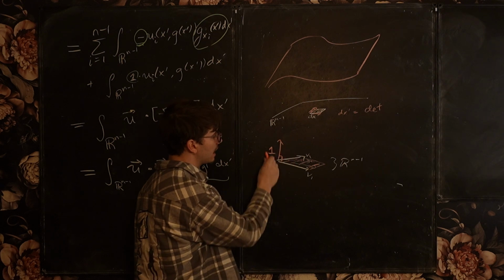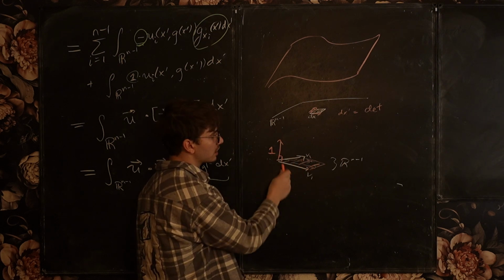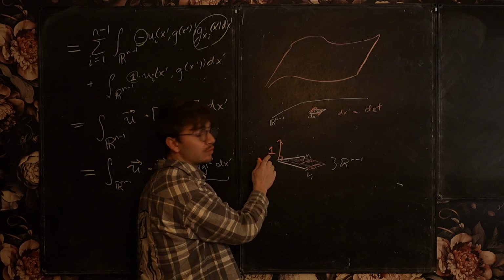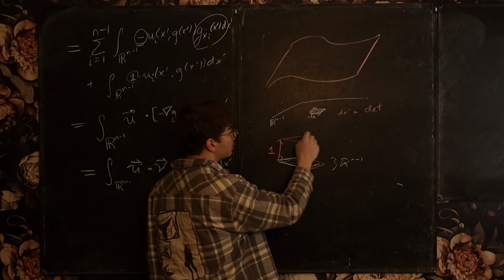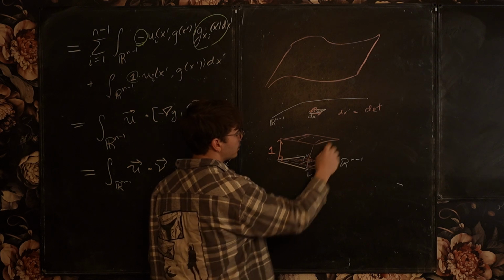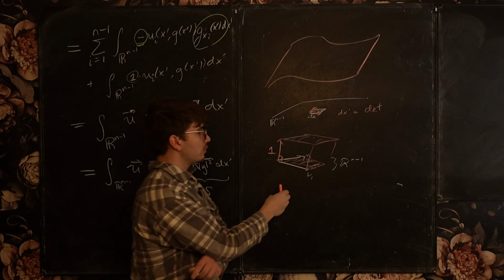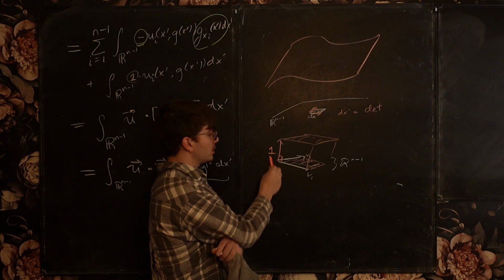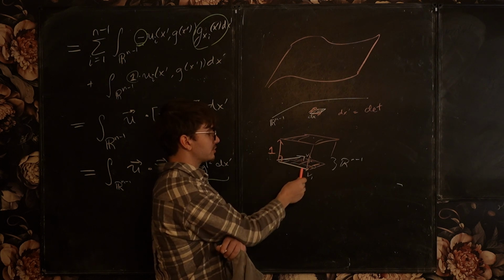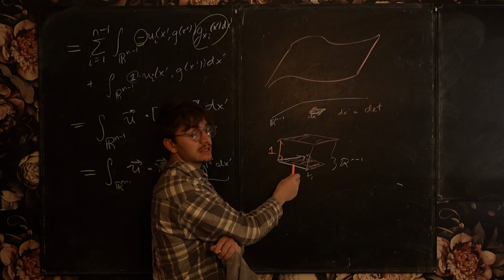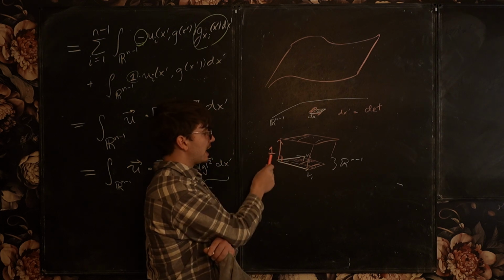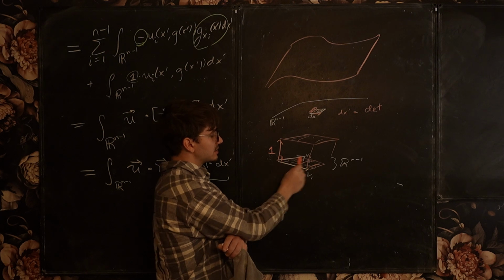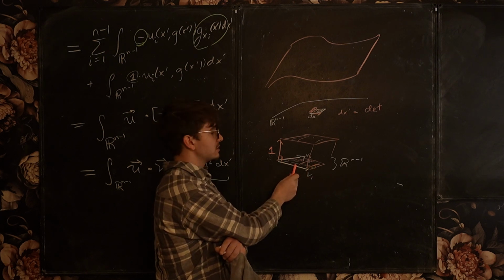If I take a vector which is orthogonal to this frame and of unit length 1, then since this vector is orthogonal, the volume of this parallelepiped is precisely the area of the base times the height of the box. But the height of the box is 1. So the volume of this parallelepiped is actually just the area of its base.